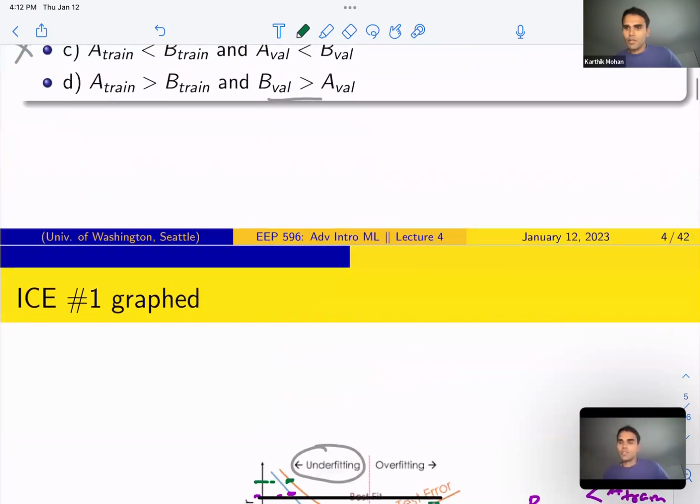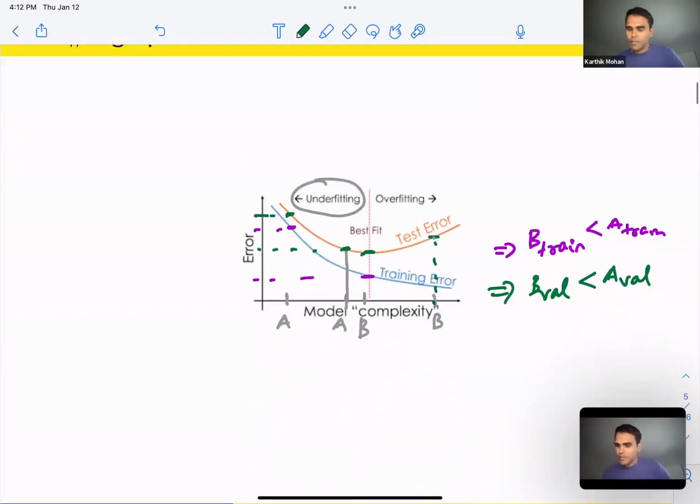That gives you option B. Any questions on this?